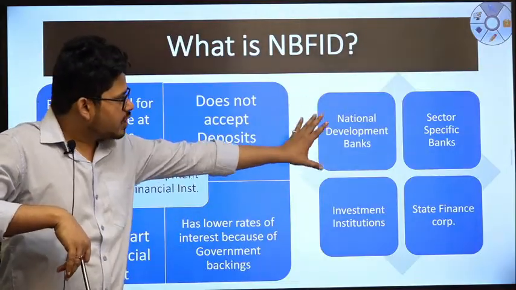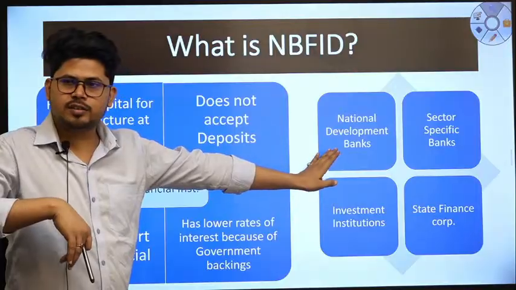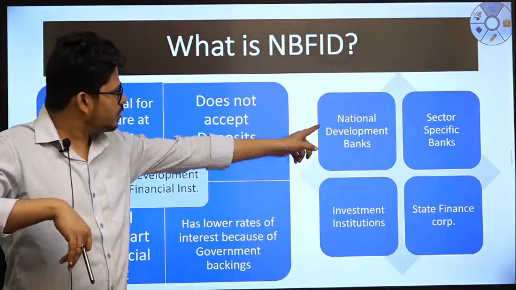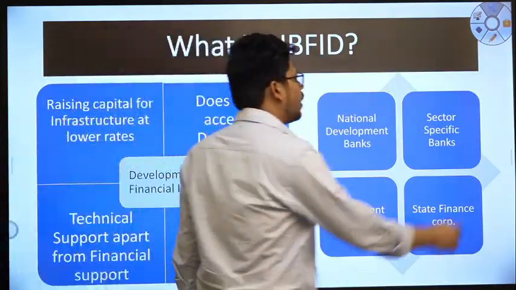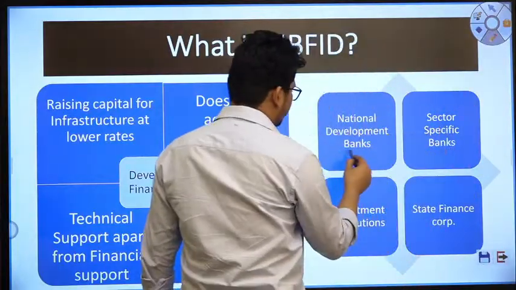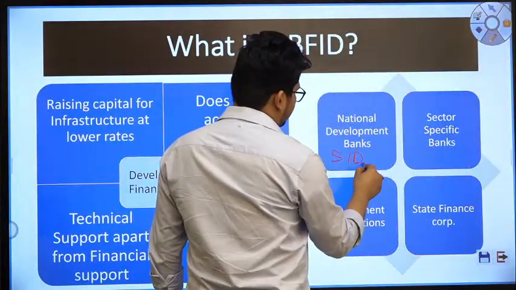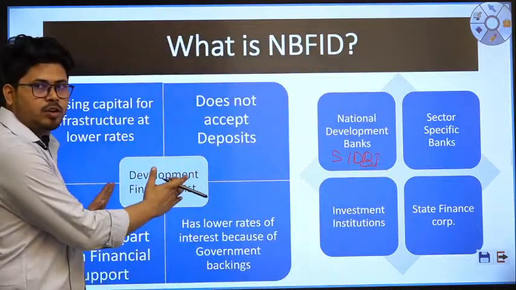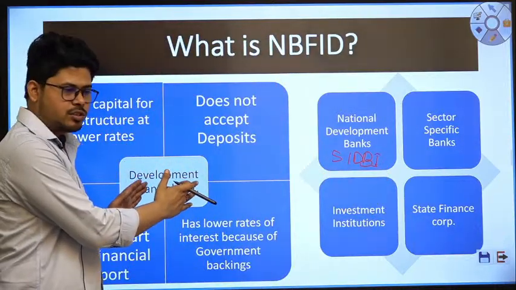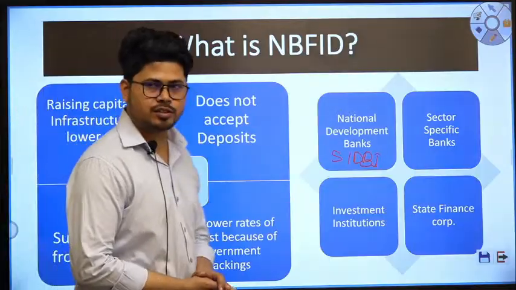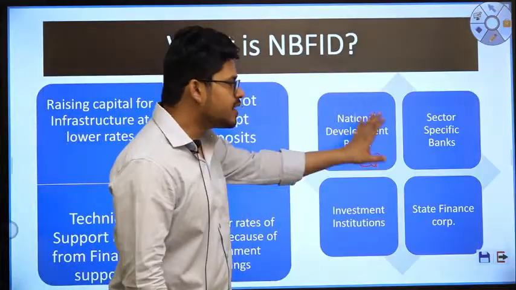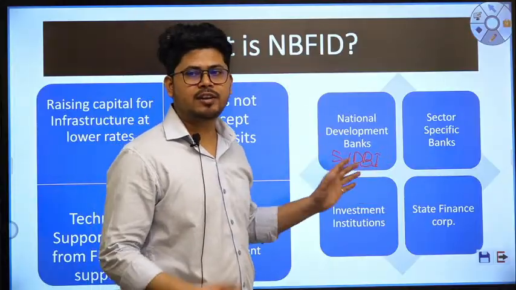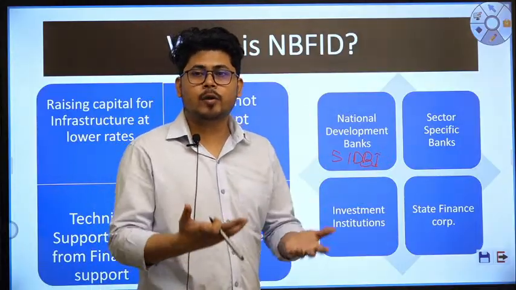Now, there are some kinds of development financing institutions I have mentioned here. The first one is national development banks. अब हर एक का एक एग्जांपल अगर हम देखते चले तो इसका होगा SIDBI. Okay, first I explained what the characteristics of development financial institutions are. Now I am taking examples कि what kind of development financial institutions are already there.